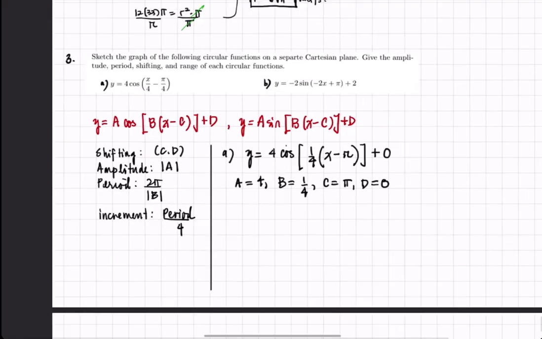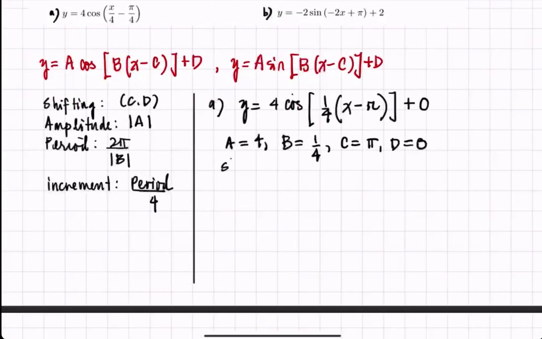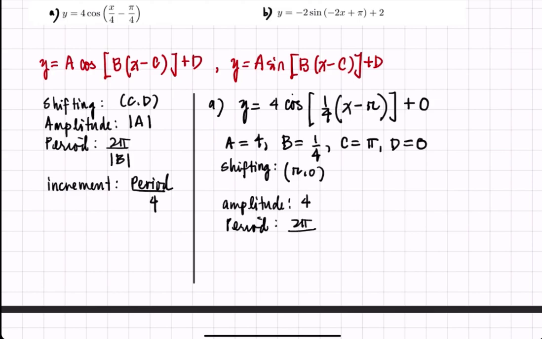Okay. So, ang shifting, the shifting is CD, which is pi 0. The amplitude, the absolute value of A here is 4. The period is 2 pi divided by B. Our B is 1/4.